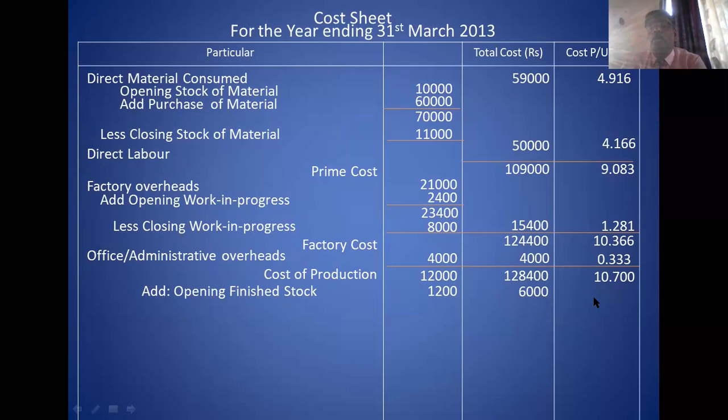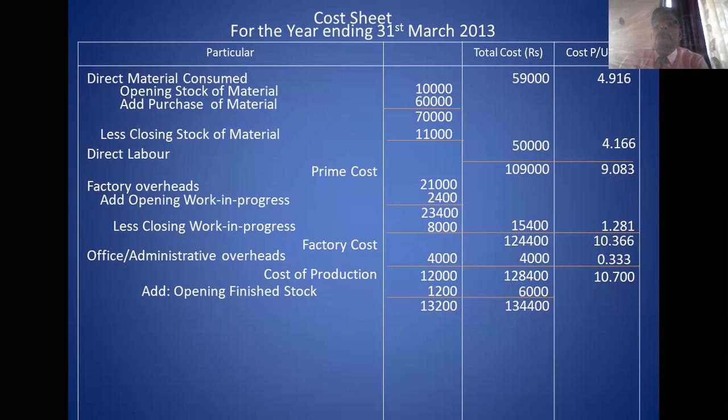And don't calculate the cost per unit. Take the total. Total is 13,200 units. 12,000 plus 1,200 is equal to 13,200 units. This is units, not the amount. Amount is 1,34,400.